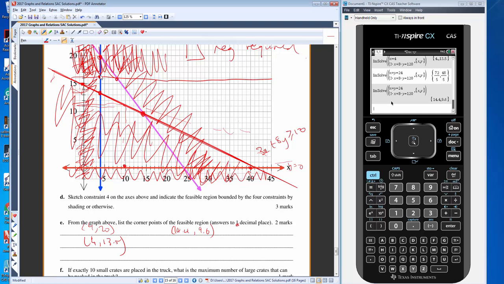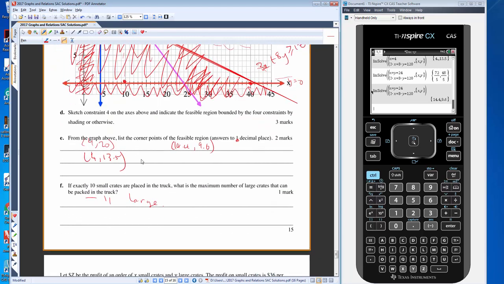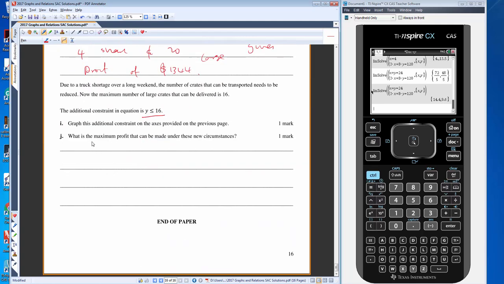So what we're going to do is look at these new corner points here, which is 4, 16, okay, and this one here is 8, 16. If you're unsure of that, again, use linsolve on the calculator to work out that one if you want. But yeah, trust me on that, the 2 points are 4, 16 and 8, 16. They're the 2 points.